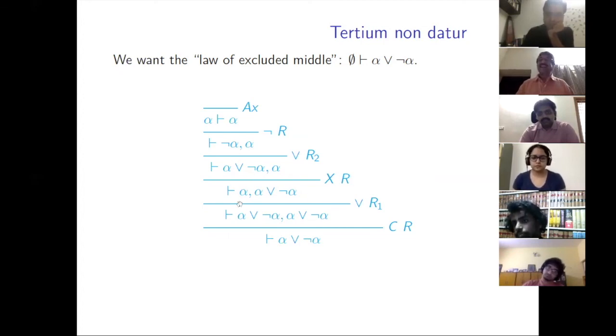Again, it's clear that some ingenuity is needed. There's no hope of just staring at it. How did this first step happen? How did you come up with the fact that you are using contraction here? But this is only to point out that not only the logical rules, the structural rules also come in here, and you have to use the structural rules, because the logical rules are very specific.